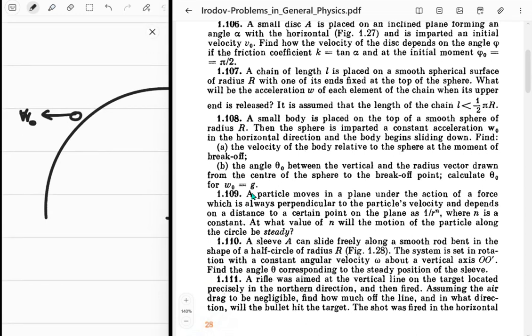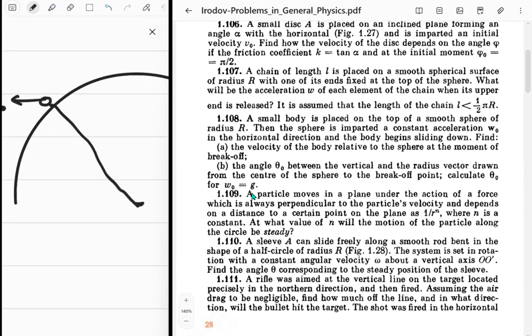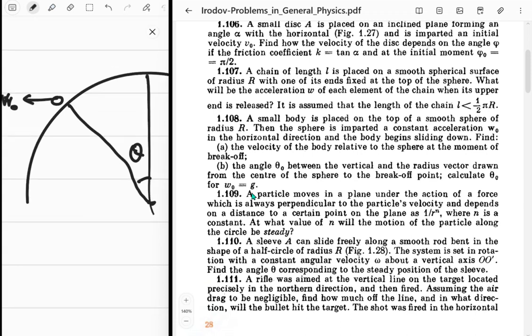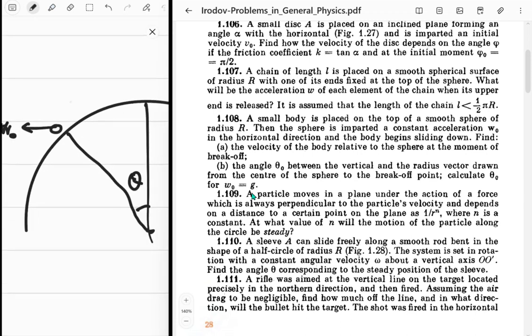Let's say this is making theta angle with this. Then this is W naught in this direction, and then there's gravity acting on it. This angle, what will this be?